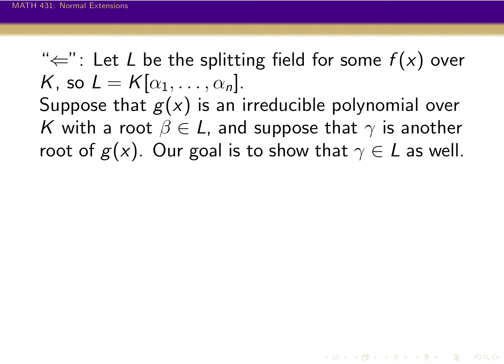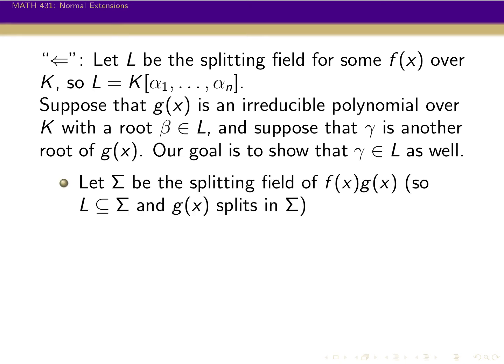So the way we're going to approach this is we're going to take g of x to be some irreducible polynomial with a root in L. So g of x is an irreducible polynomial over K, and we know that one root beta is inside L. And then we're going to take another root gamma of g of x, and we want to show that gamma is in L as well. And so if this is true for any other gamma, that's going to mean that all of the roots of g of x are inside of L.